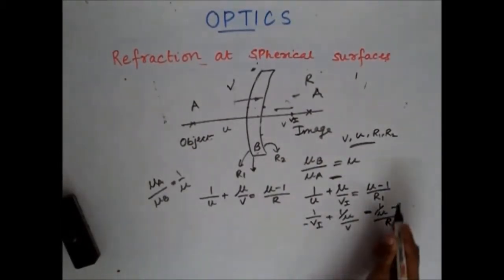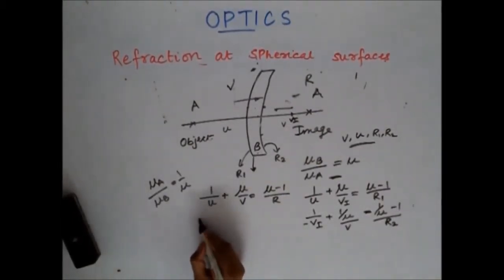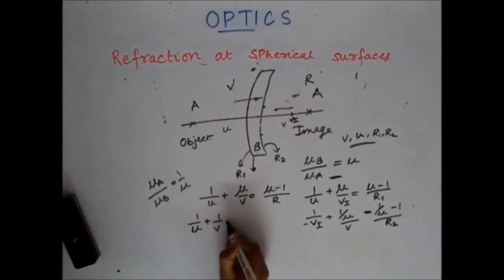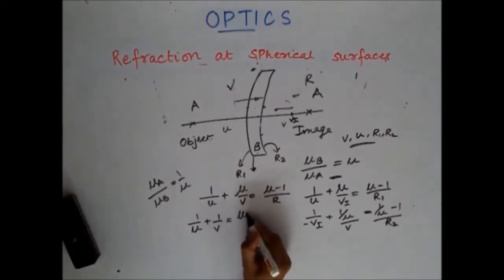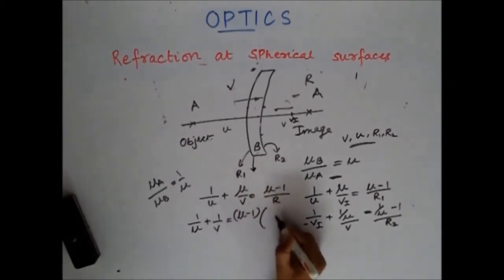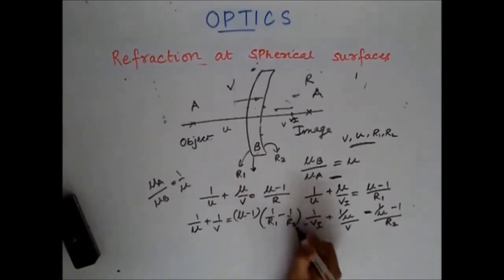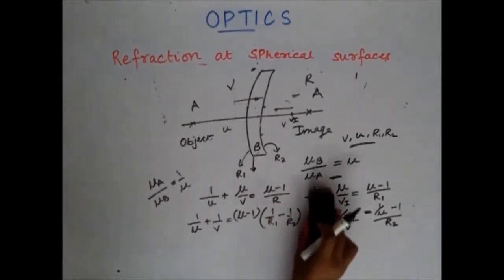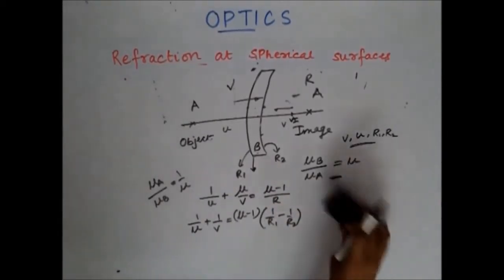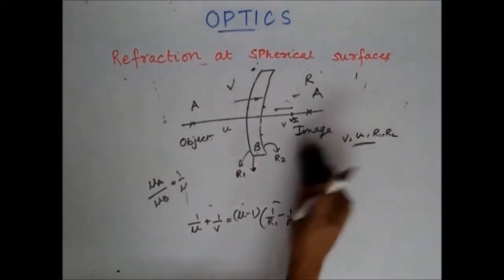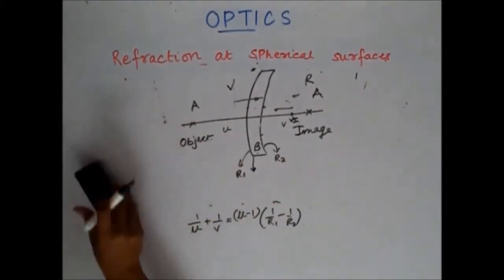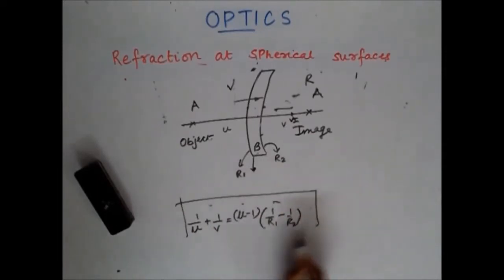Now if you add both these equations, what you will get is 1/v - 1/u = (mu - 1)(1/R1 - 1/R2). So I got this equation.